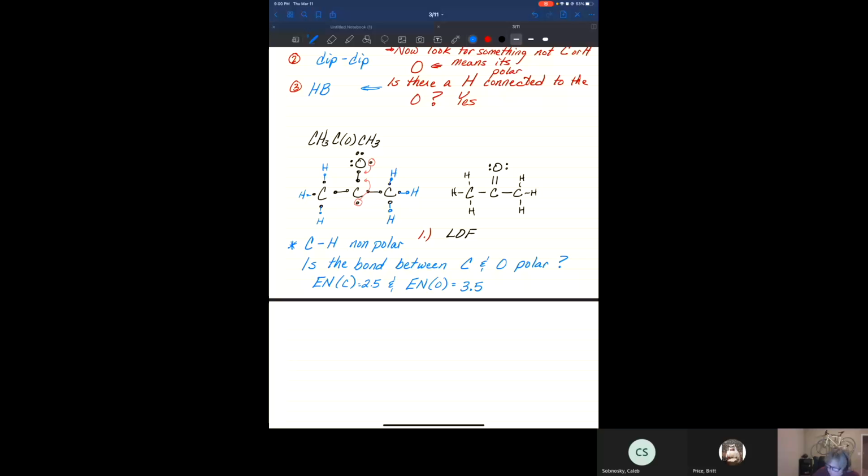Polar bond. That means that on top of LDF, I have dipole-dipole. Again, if you want to call it dip-dip, I'm good with that.